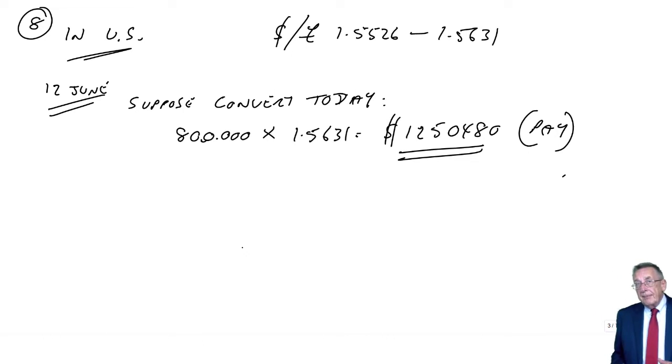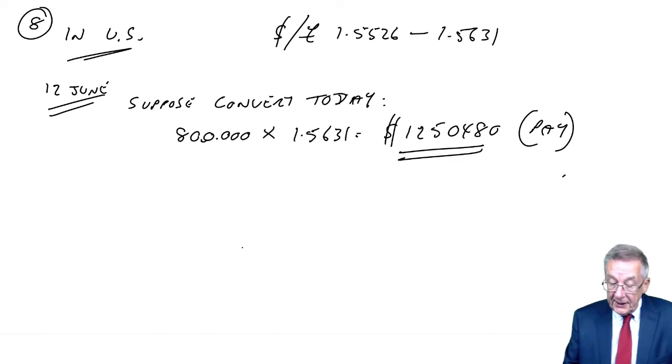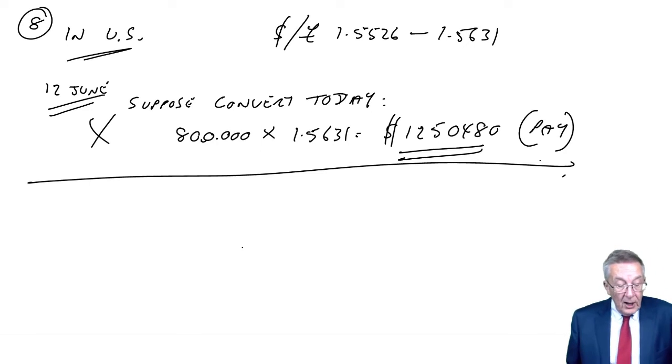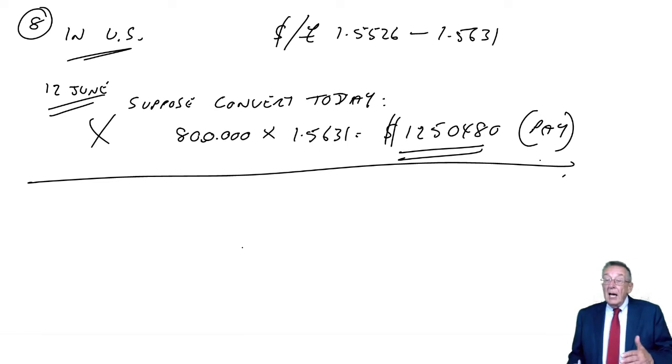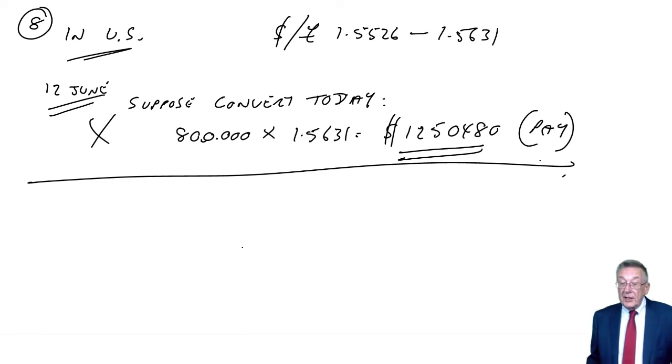Now, fine. The problem is we're not converting today. It's the 10th of August we're going to convert. And obviously by the 10th of August, anything could have happened to the exchange rate. It might go up, we end up paying more. It might go down, we end up paying less. However, there are futures available.